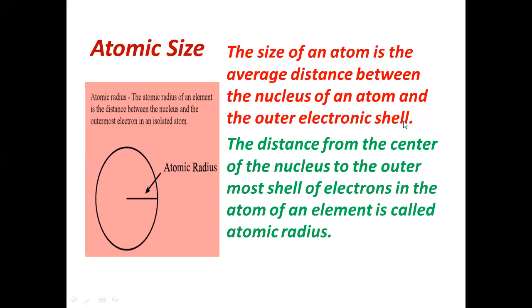So atomic size and atomic radius are the same. You can also call it the radius of a circle, because orbits are circular in form. So the distance between the nucleus and the outermost electron is called atomic radius.